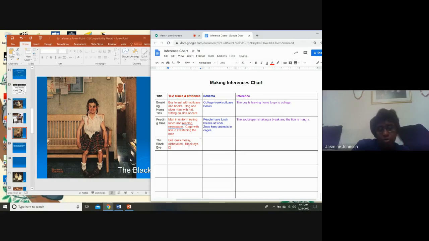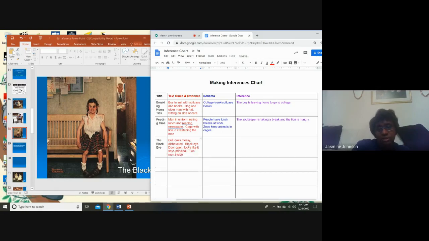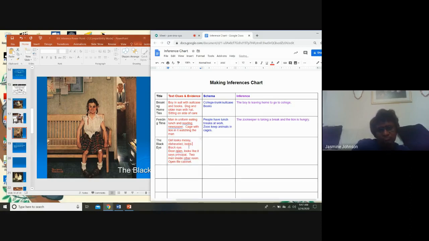There's a door open. It looks like it says principal. There are 2 men inside the other room. I see a file cabinet, an open file cabinet. And look at the girl's face. She looks happy or proud, looks proud of herself.